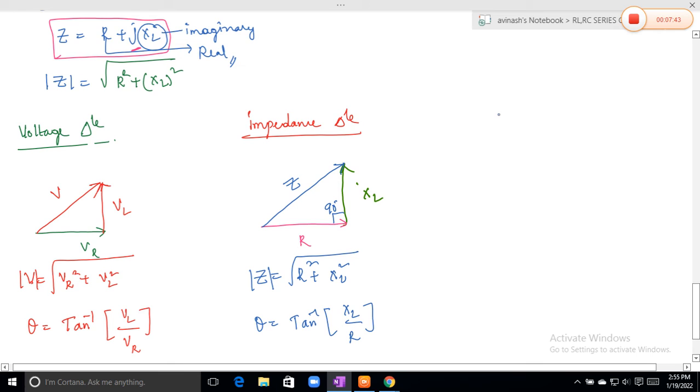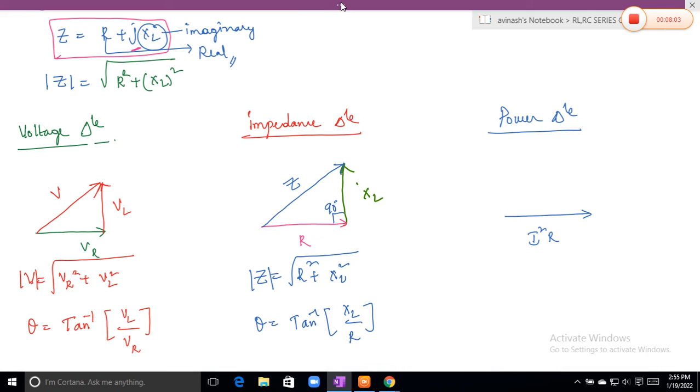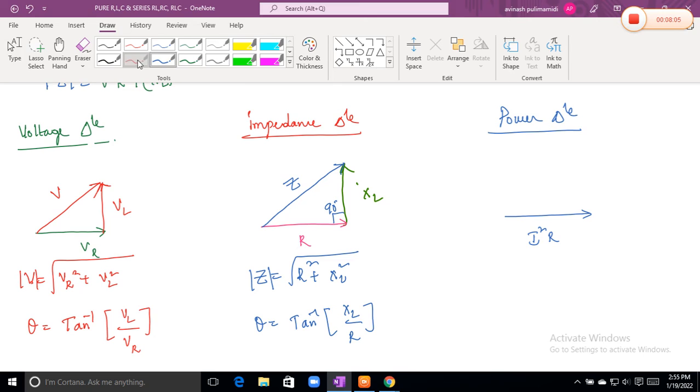In the same way, you can also find the power triangle. Power P is equal to I square into R, which is the real power.